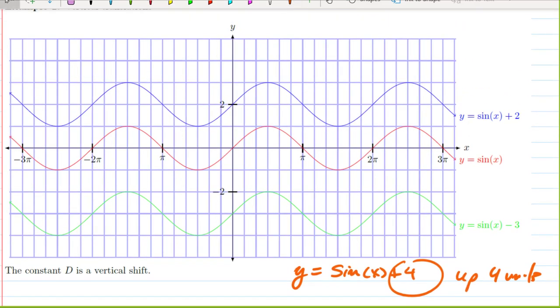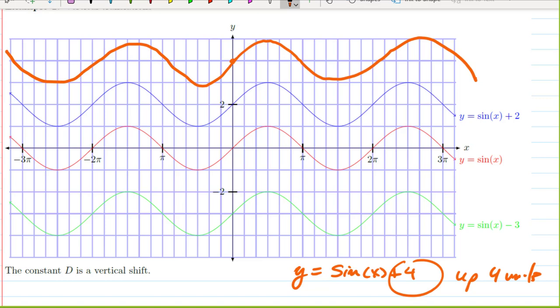So I would have my same function, so I'd start with my parent, and then I just move everything up 4 units. That's not terrible, but that's the general idea. So that would be the graph of the sine of x plus 4.